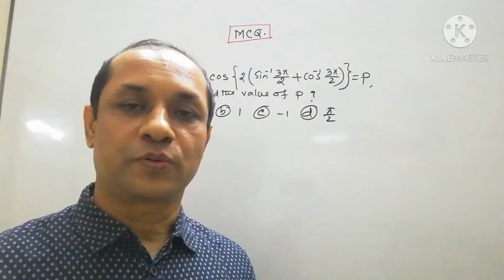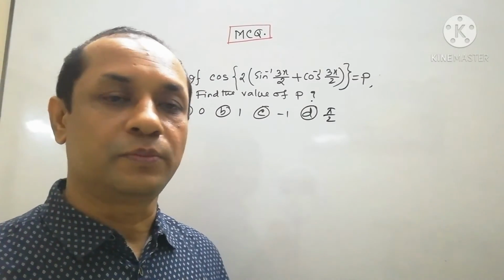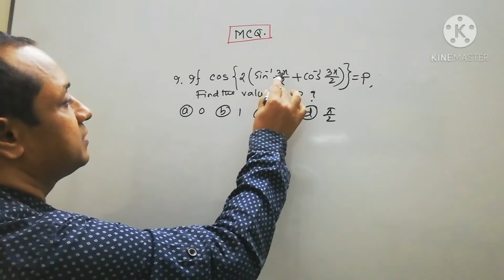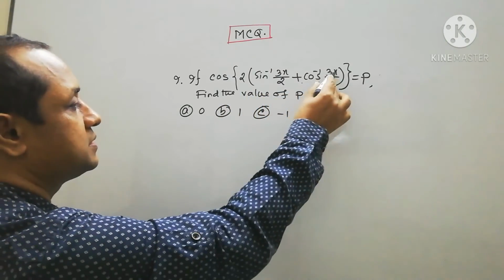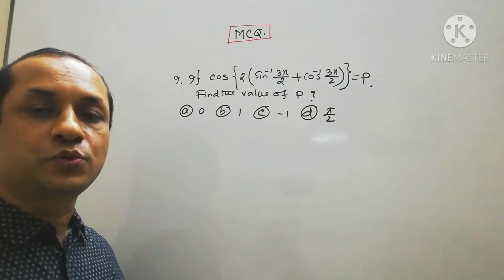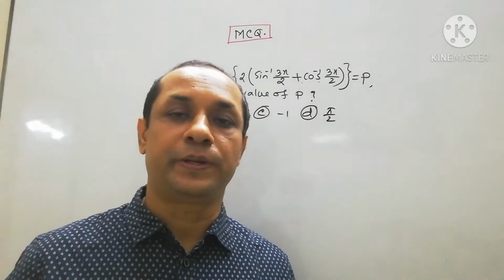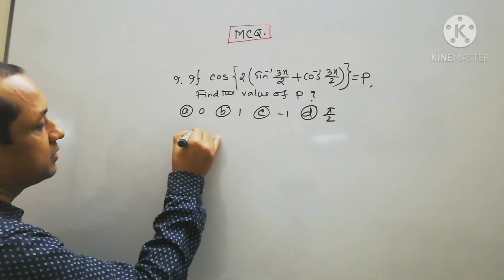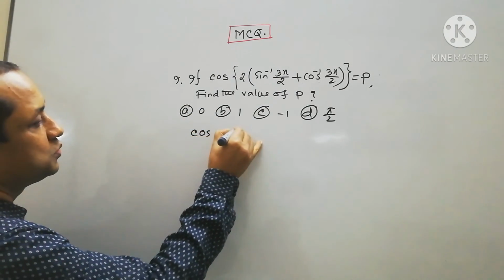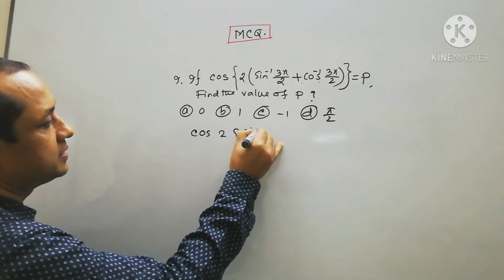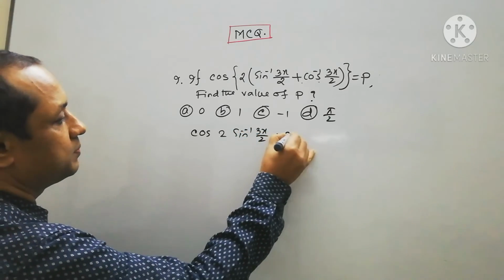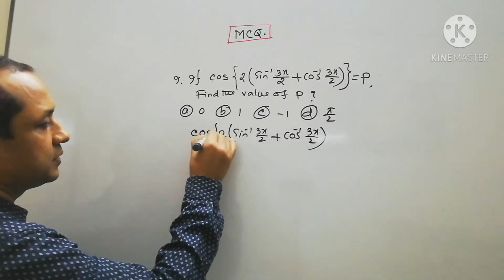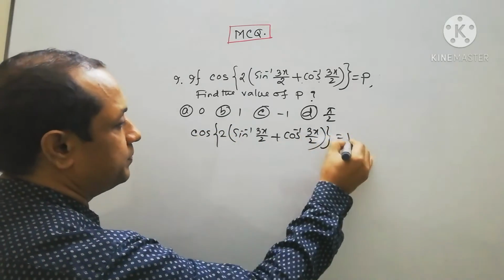So student, question number 9. Look at the board. If cos of 2 sin inverse 3x by 2 plus cos inverse 3x by 2 equals p, then find the value of p. According to the question, cos of 2 sin inverse 3x by 2 plus cos inverse 3x by 2 equals p.